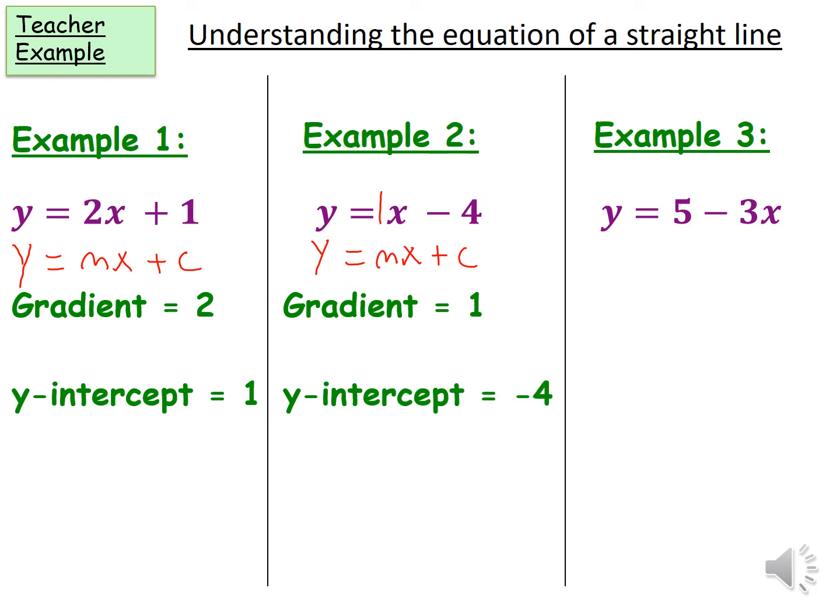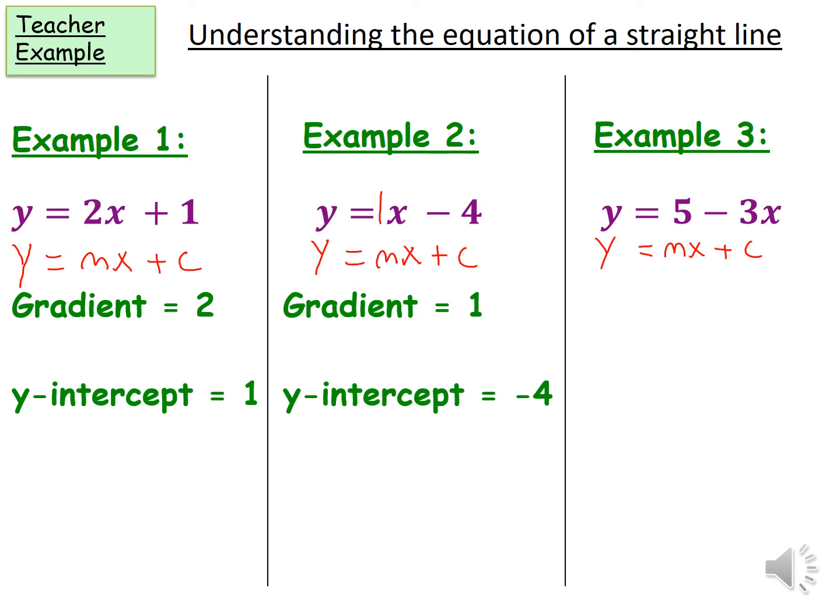Again, for the third example, if you're unsure, write down the equation of the straight line, y equals mx plus c. The only difference in this question is that they have deliberately put the gradient and the x coordinate on the other side and left the y-intercept in the front. So you can now rearrange this to make it similar to the equation of a straight line, y equals mx plus c.